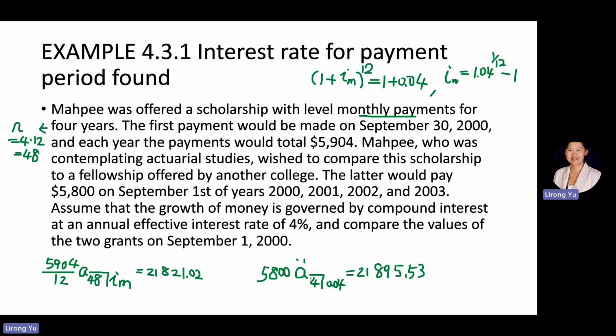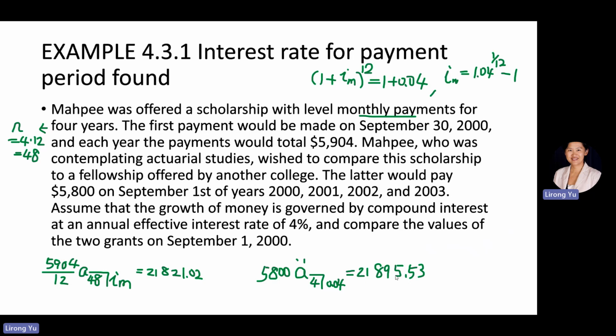That is the one we can use directly with the annuity formula, but it's being paid at the beginning of the year instead of at the end, so this is an annuity due. Using the annuity due formula, we come up with this. So we can look at the two. It looks like the second scholarship has a slightly higher value.